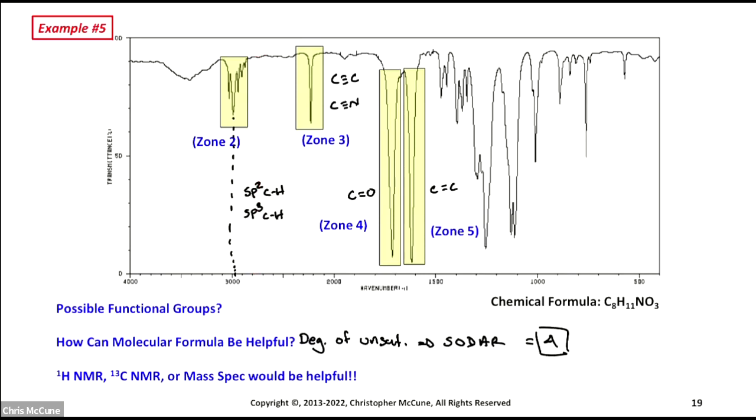But more information would be helpful, like proton NMR, carbon-13 NMR, and mass spec, to help me figure out what the actual structure is. So we've talked about some possible functional groups. IR, NMR, and mass spec are other methods that can be coupled and looked at alongside the IR to really nail down a structure.